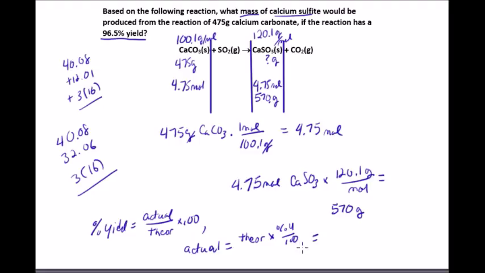So in this particular case, we can take our theoretical, which is 570 grams, times our 96.5% yield over 100.